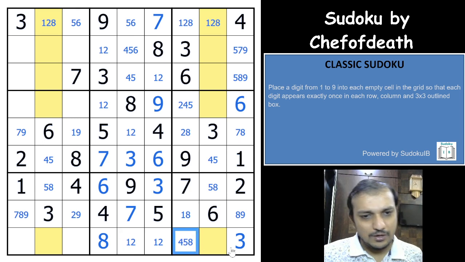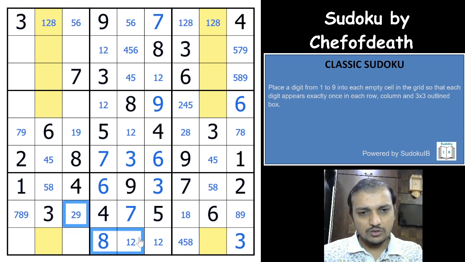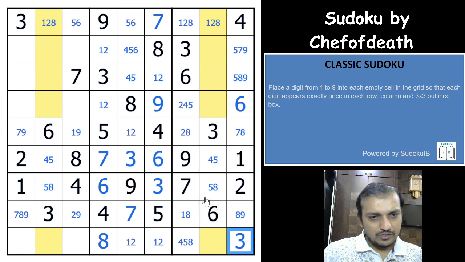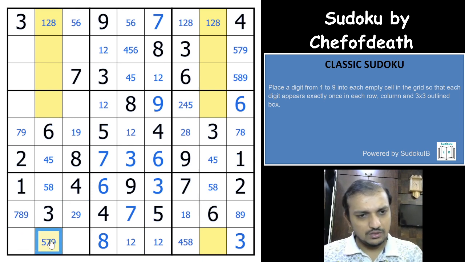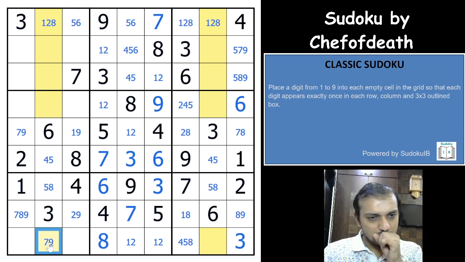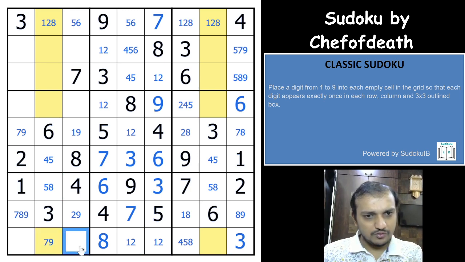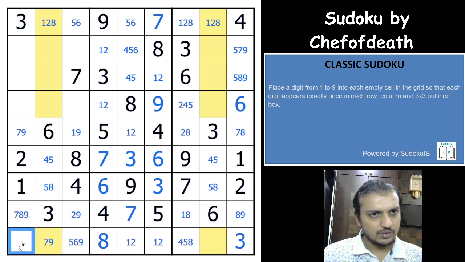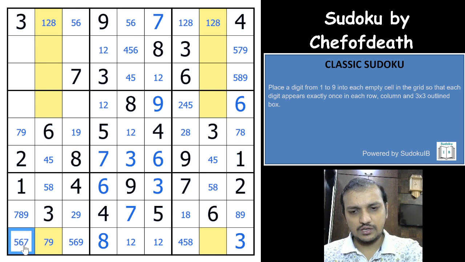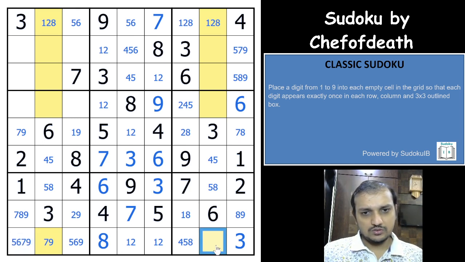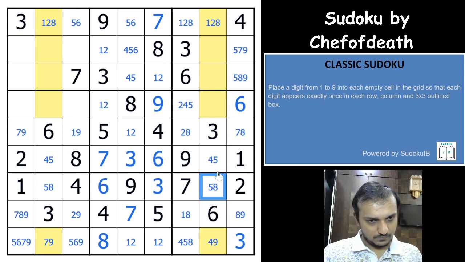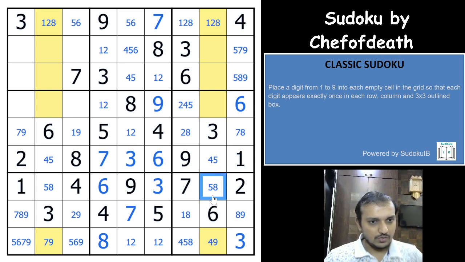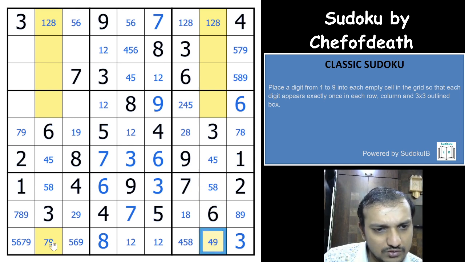This cannot be 1. 1, 2, 3 and 8. 4, 5, 6, 7, 9. 4, 6, 5, 7, 9. 5 cannot be here, right? 4, 7, 5, 6, 9. 5, 6, 7, 9. 6, 5, 7, 4 and 9. Okay. Now does that give us a Y-wing? 7, 9, 4, 9 and 4, 7.